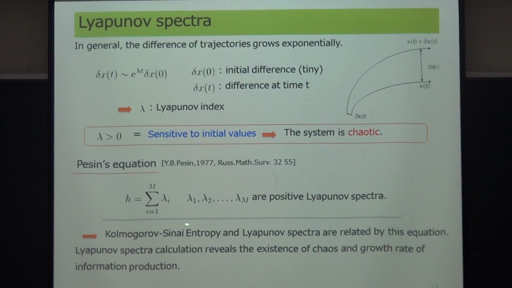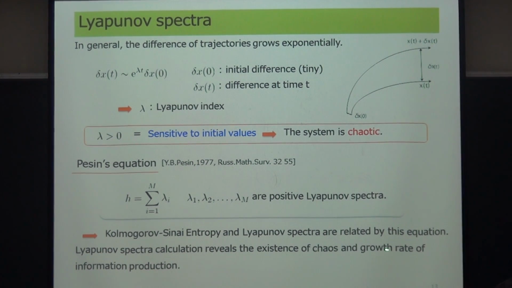This equation says that the Kolmogorov-Sinai entropy, small h, is given by the summation of the positive Lyapunov exponents. So Lyapunov spectra calculation reveals the existence of chaos, and we can get information about the growth rate of the information production. So this is a very important quantity for the study of chaos.